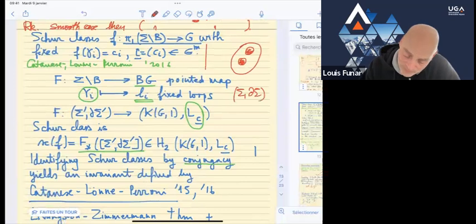And now I have to fix some loops in this space. These loops correspond to the conjugacy classes which are fixed, the C_i.